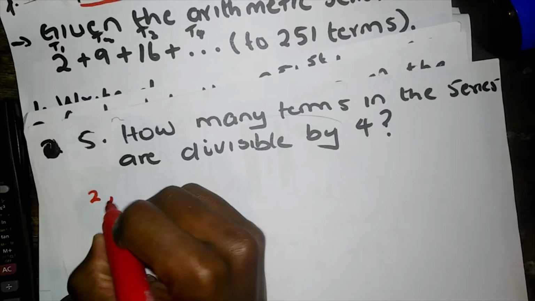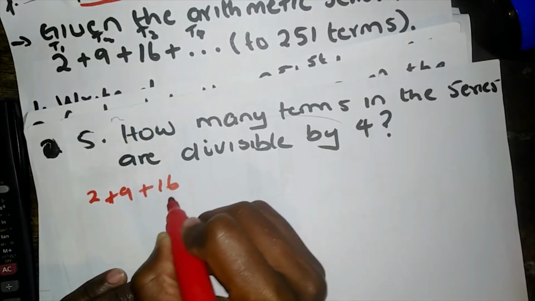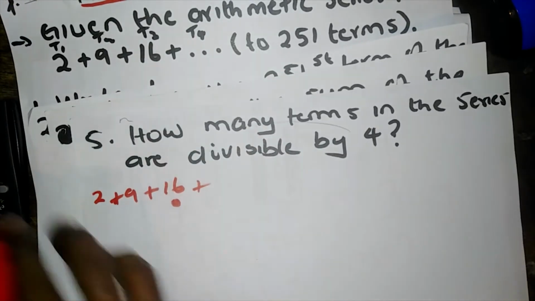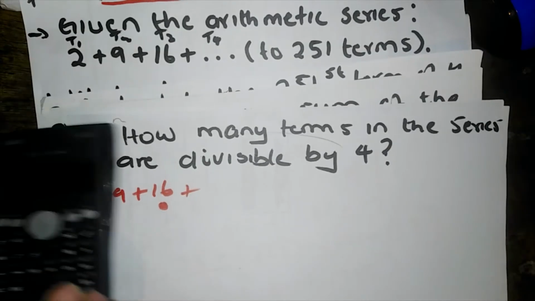Plus 9 plus 16, which is divided by 4, plus again, so 60. Check on the mathematical simple.